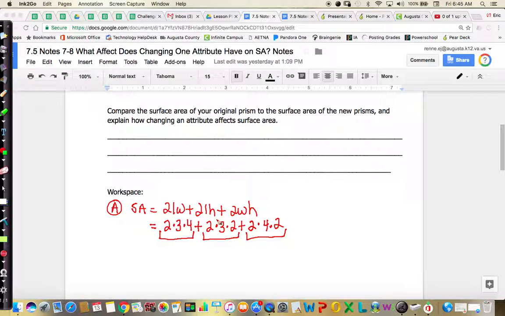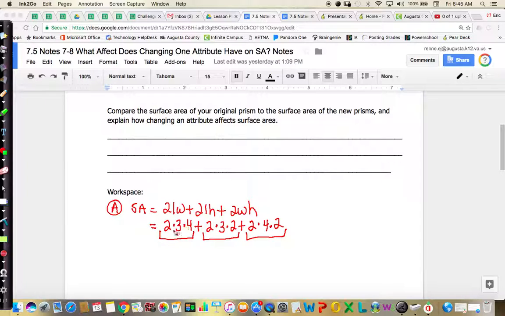I don't know why I keep mixing that up. Okay, so top, front, side. And the reason why we're doubling is because there's a top and a bottom, a front and a back, and a side and a side.